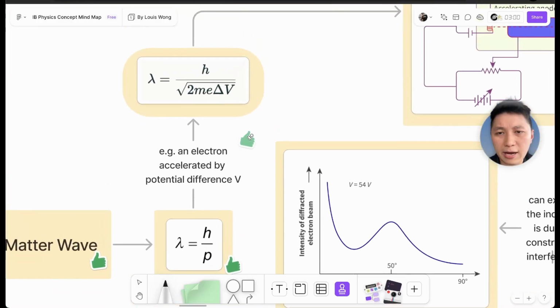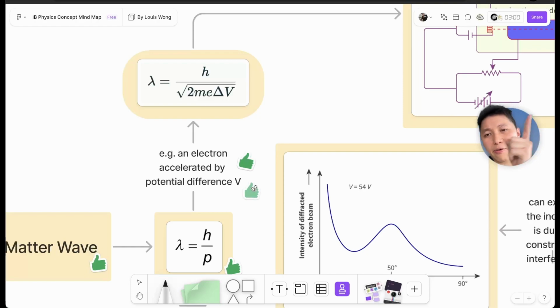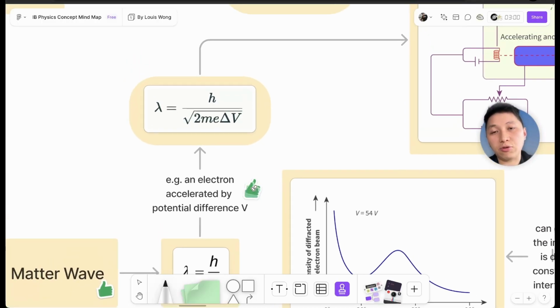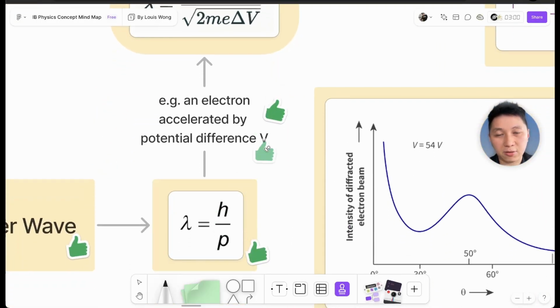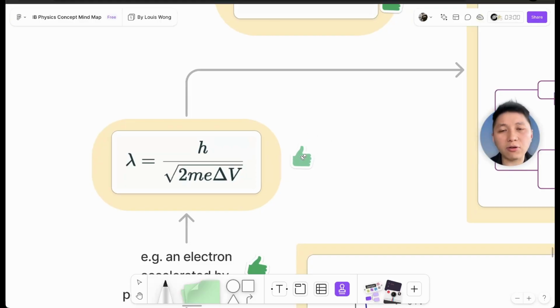Imagine you have an electron that's been accelerated through a certain potential difference V, from 0 speed to a certain speed v. You can use the equation KE equals the electrical potential energy, work out the speed, and then plug it back into the momentum, and eventually you'll come up with this equation.